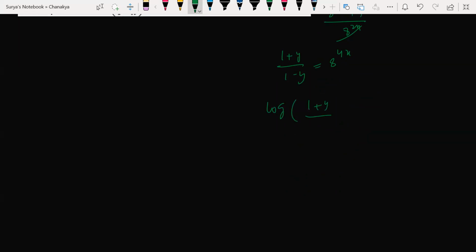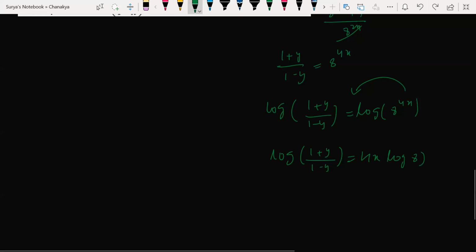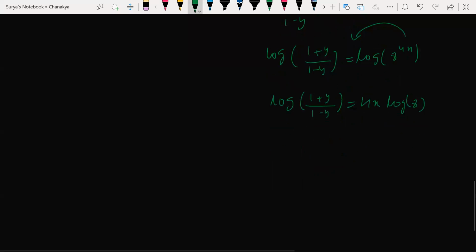If I apply log on both sides, so what happens? Log of (1 plus y) all divided by (1 minus y). The power will be jumping forward, 4x log of 8. Correct? Log of 8. Now look at the board here. This is what I got.